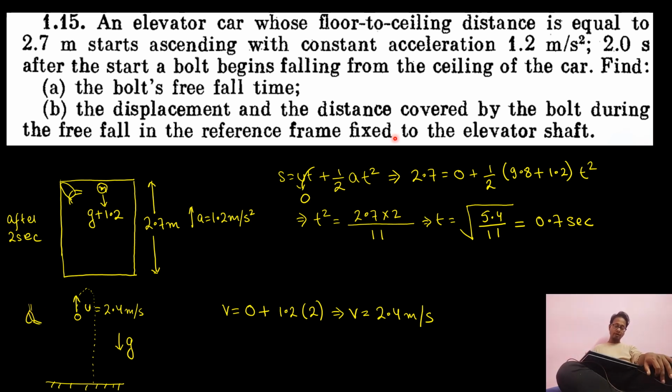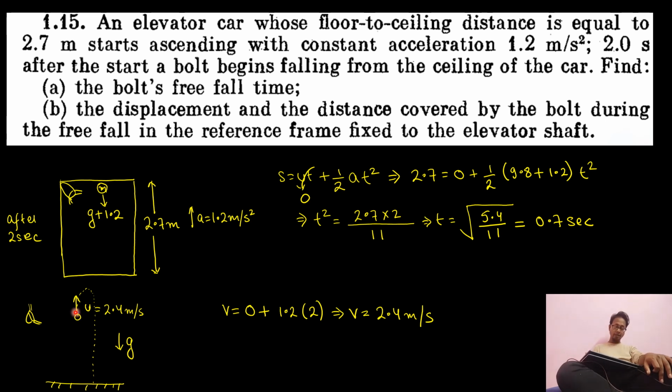So out here, what is the distance covered by the bolt? Without seeing the distance, let's find the displacement first. For displacement, what is this much distance? Let's see, if it covered for 0.7 seconds.